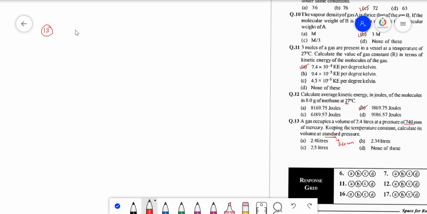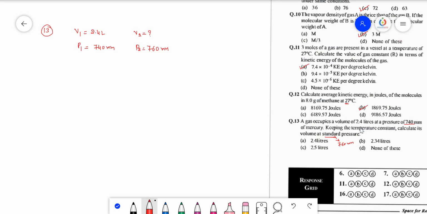So let us write down the given data. Initial volume is equal to 2.4 liters and initial pressure is equal to 740 millimeters of mercury. Final volume is to be calculated and final pressure is equal to 760 millimeters, as they said standard pressure.